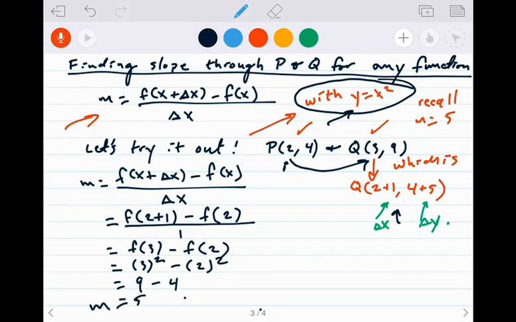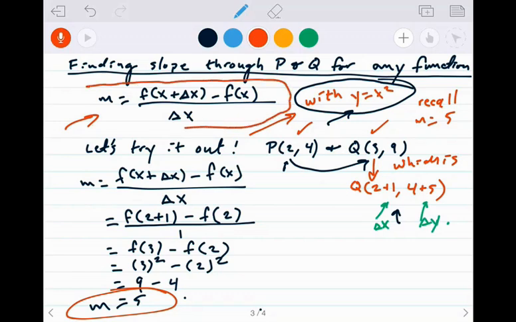And voila, we get the exact same answer as we got in the first example. So what we've derived now is a general expression that'll allow us to find the slope of a line through any 2 points on any function anywhere in the universe. Pretty cool. At least I think it is.